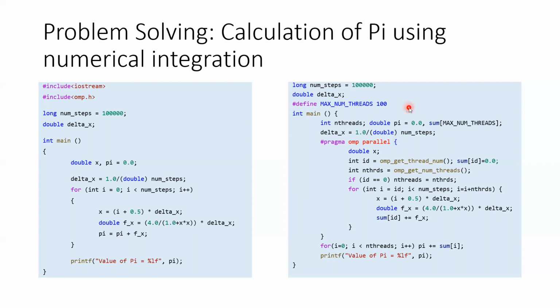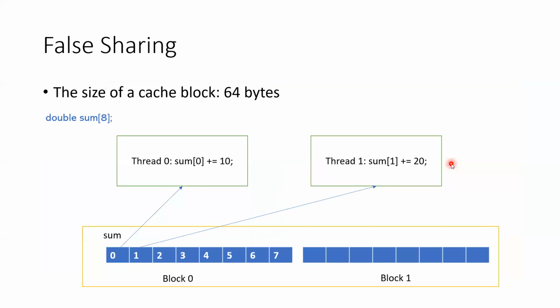If I run this code, will I get the best possible performance from OpenMP or from any parallel program, say pthreads? The answer is no, and the reason is very subtle and peculiar, about how data is maintained in the address space, in memory, or in caches. The problem is famous and is called false sharing.